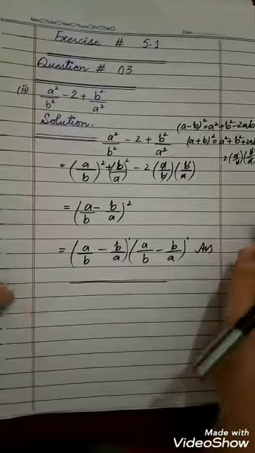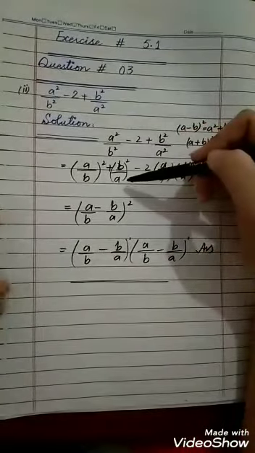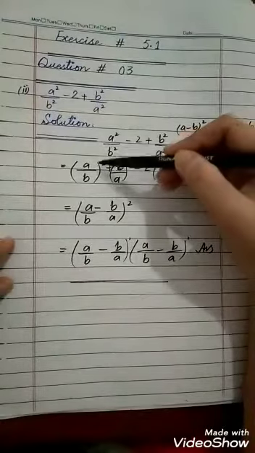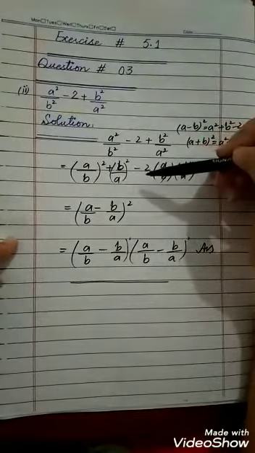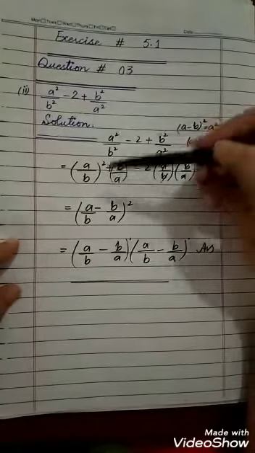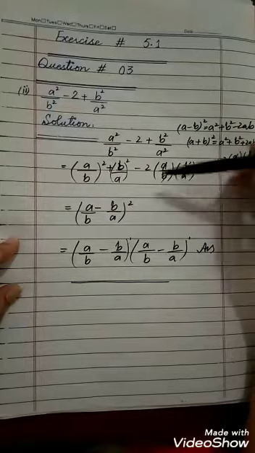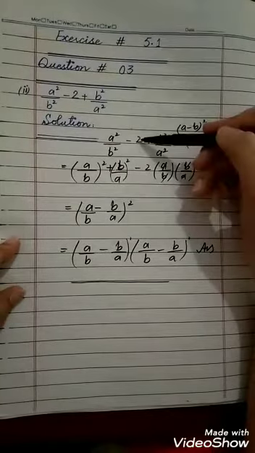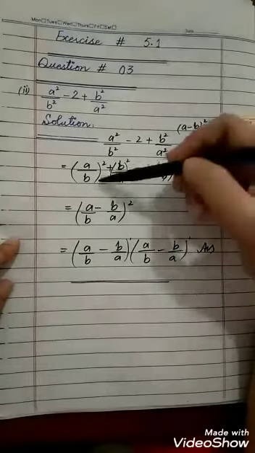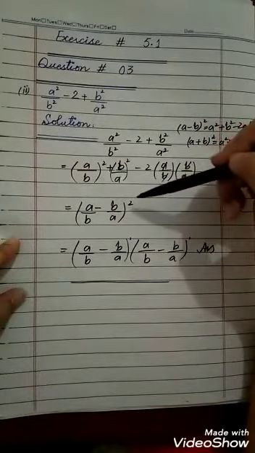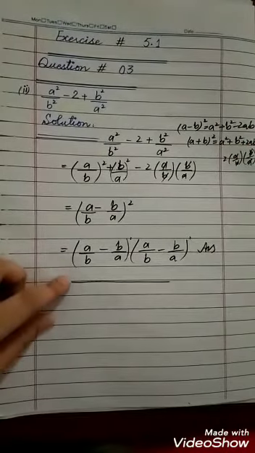Hope it is cleared, because first of all we arranged them according to the formula, so that I can make you clear. So a square plus b square minus 2ab, this has no effect on the middle term, so that's why we have written it just to make you clear. And what have we done? We have made the complete square formula, and then after that separated the powers.